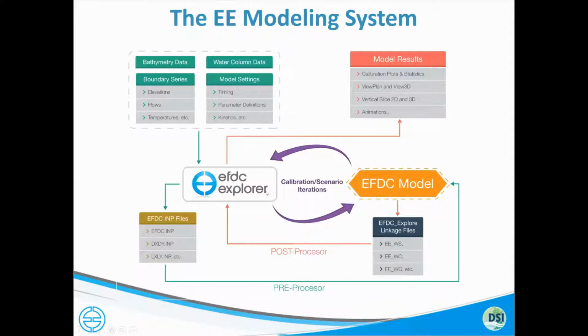From the diagram here, you have at the core this pre and post processor, EFDC Explorer, pulling in all this different diverse data, processing and generating the necessary files to produce input to the EFDC model, which then when it runs, produces output, and EFDC Explorer reads that information, does the analyses, and has a lot of tools to help calibrate and conduct these analyses.